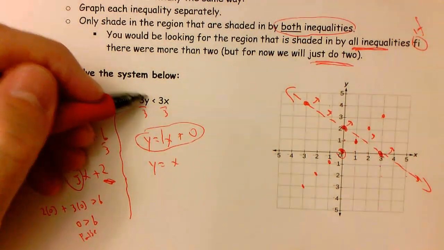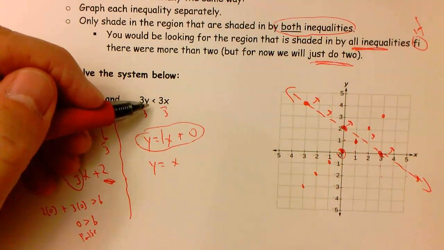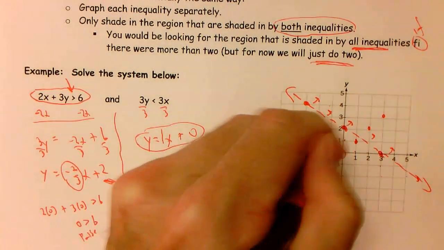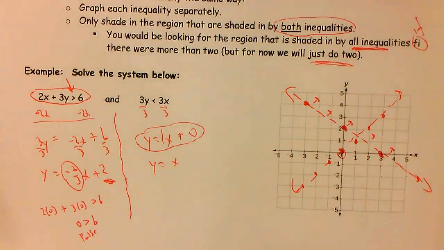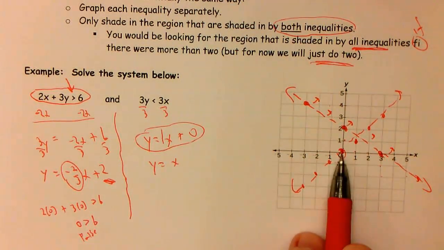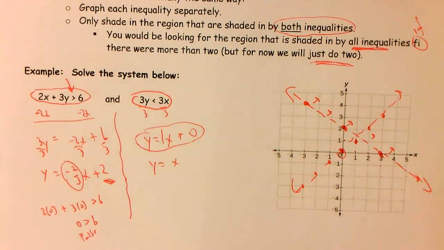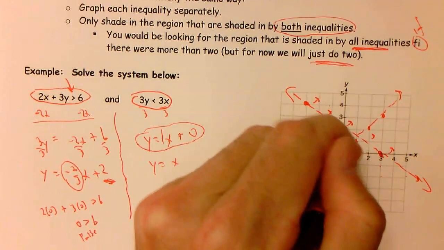Now again, this does not have an or equal to. I wish I had made it have an or equal to. So I'm going to make it a dashed line. And I have to decide which side the answers are on. Now this is a rare case when I cannot test the point 0, 0 because the point 0, 0 is on the line. So I'm going to take my original inequality and I'm going to test the point 1, 0.